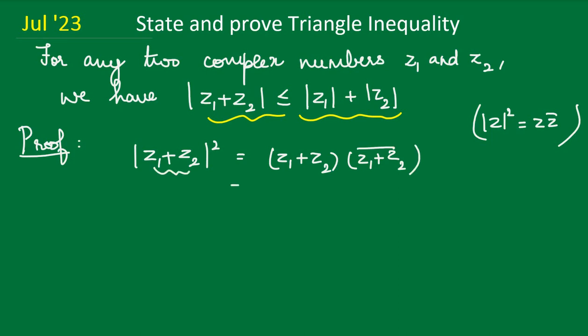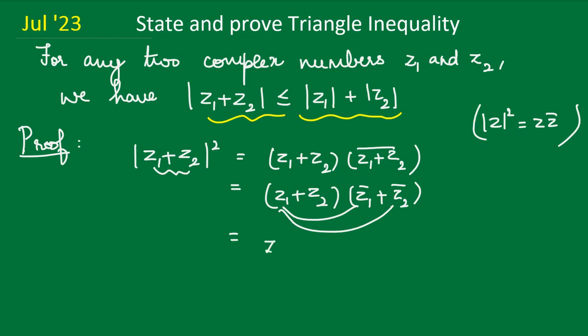Now this can be again written as Z1 plus Z2 into Z1 bar plus Z2 bar. Now again, multiply the terms inside the bracket. We get Z1 Z1 bar plus Z1 Z2 bar plus next Z2 Z1 bar plus the next term Z2 Z2 bar.